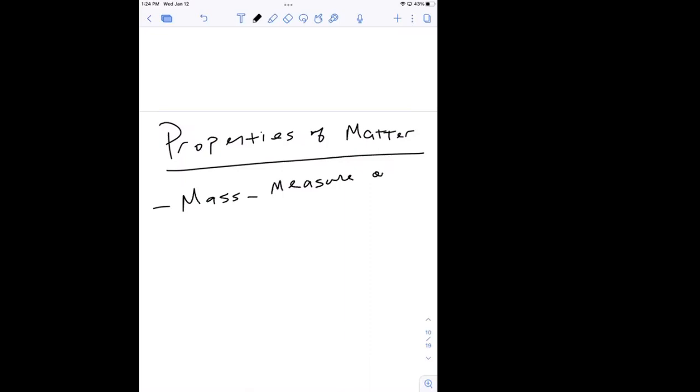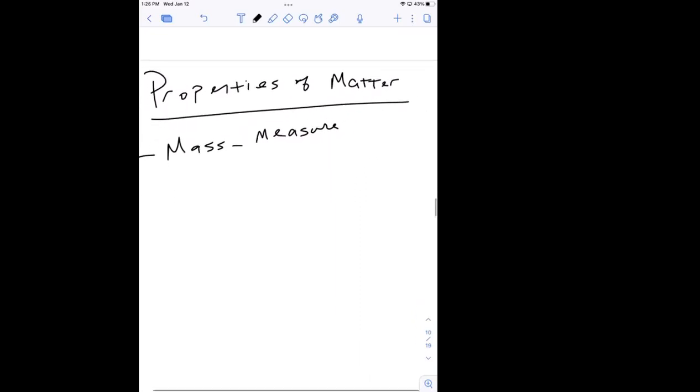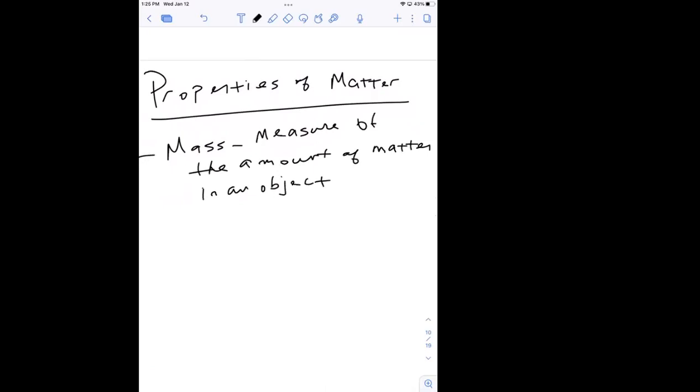A measure of the amount of matter in an object. Right, so everything has mass, even if it's an electron that orbits the nucleus of an atom. If it's a proton, if it's a neutron, it doesn't matter. All matter has mass, no matter how small or how large it is, right?